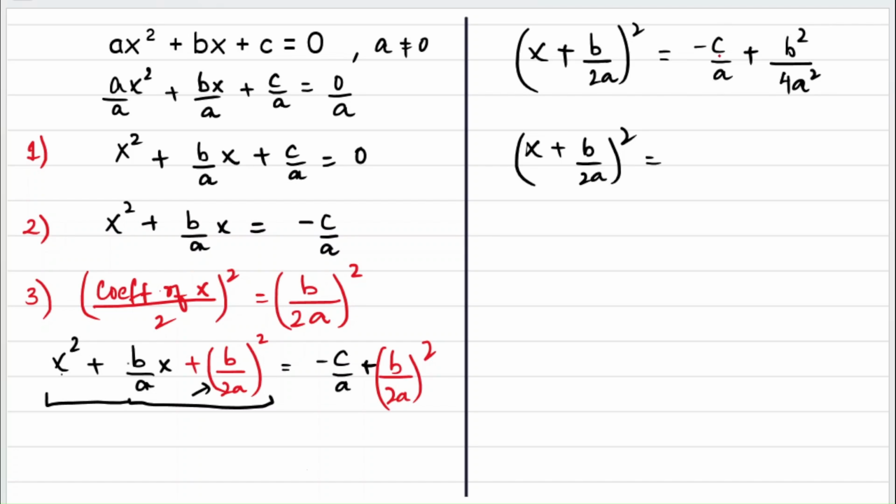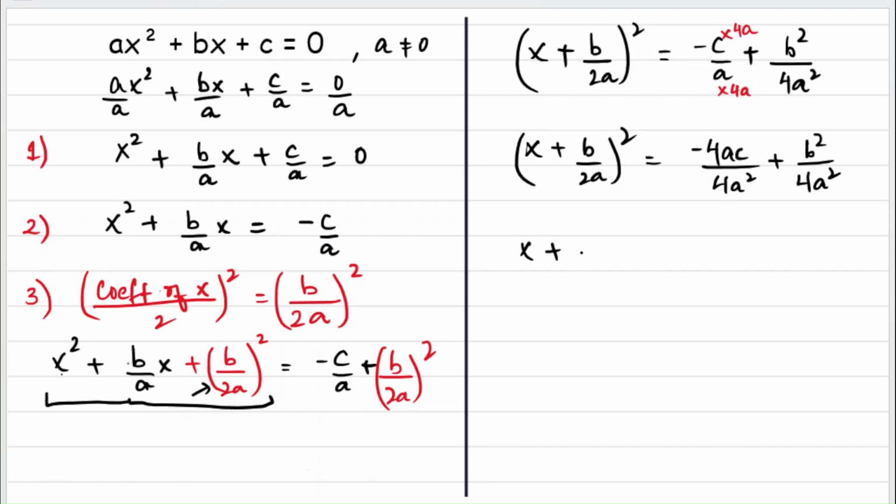Look closely. If I multiply this a with 4a, I will get 4a². So if I am multiplying the denominator, I'll multiply the numerator as well. So I get −4ac on this side, and this a times 4a is 4a², and I would not do anything on this side because my denominator is already 4a².